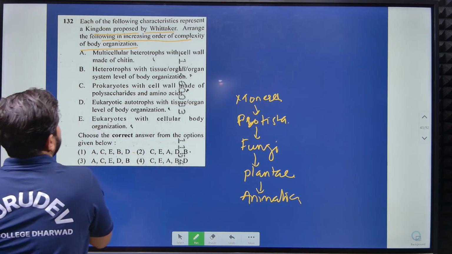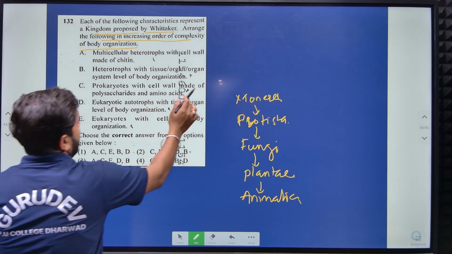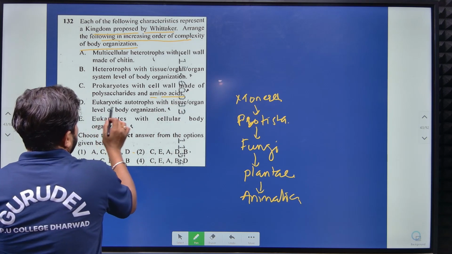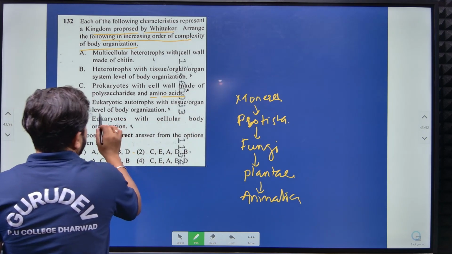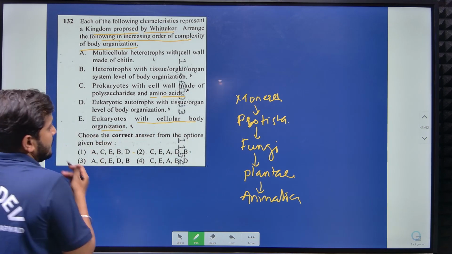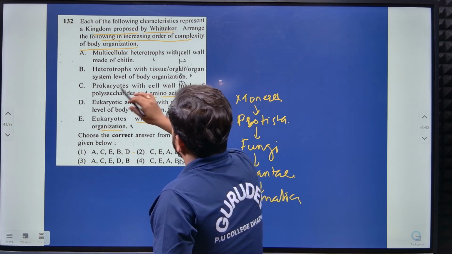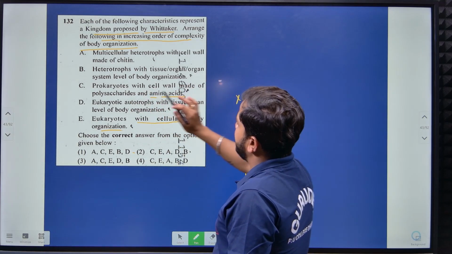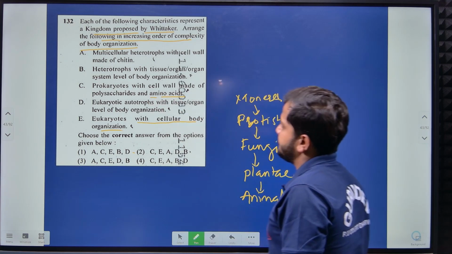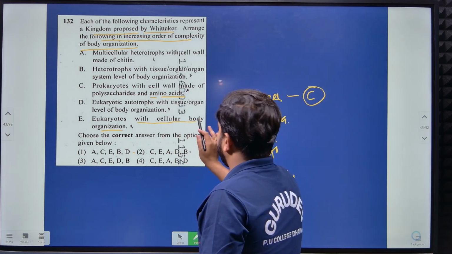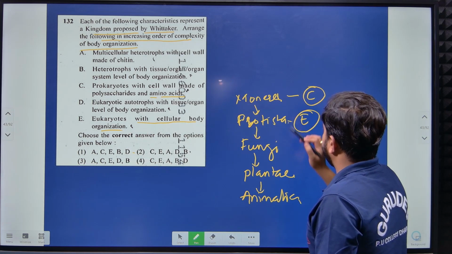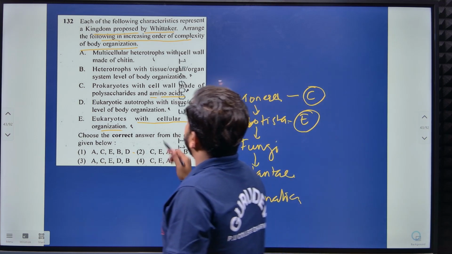Then they have mentioned: prokaryotic with cell wall made up of polysaccharide and amino acids; eukaryotic autotrophs with tissue or organ level body organization; eukaryotic with cellular body organization. Prokaryotic with a cell wall of polysaccharide and amino acid matches Monera. Eukaryotic with cellular body organization matches Protista.